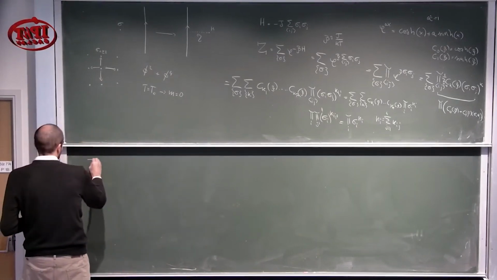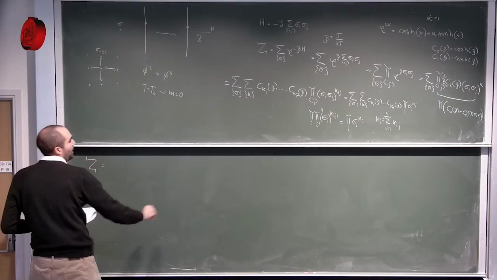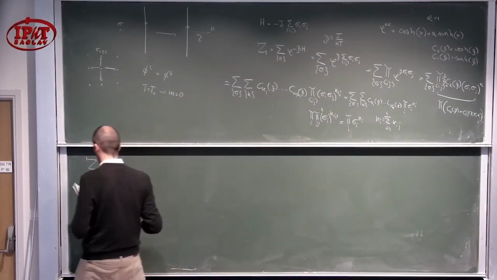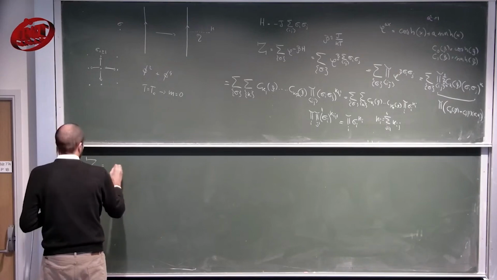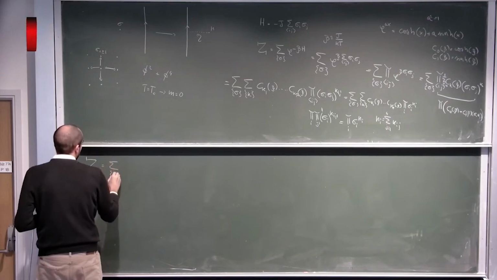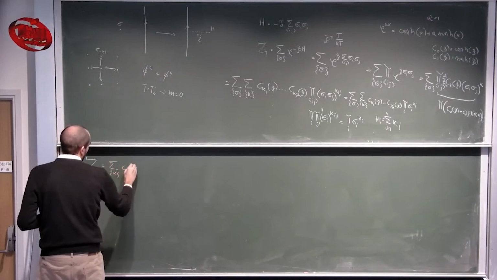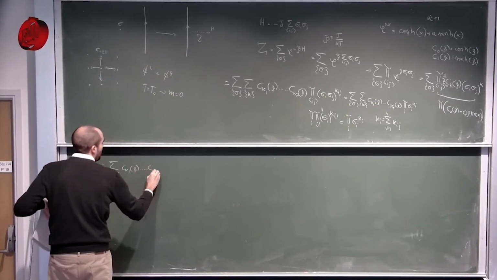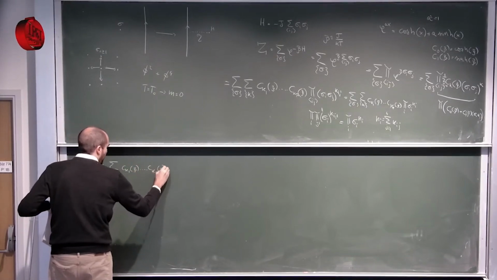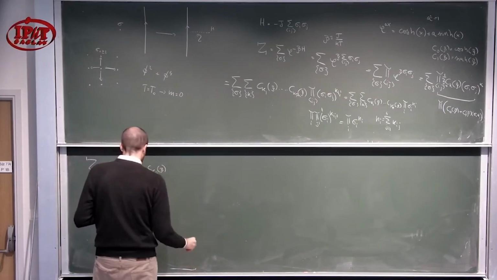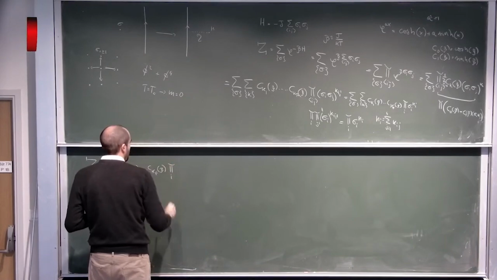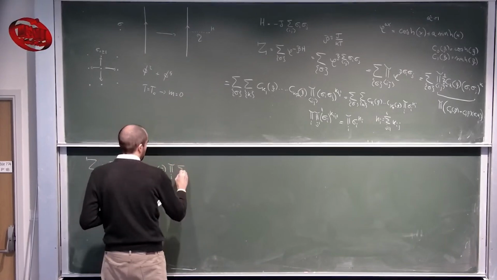And so if we do that, then the partition function becomes the sum over the links, the product of our hyperbolic sines and cosines. And then we have the product over I of this sum.